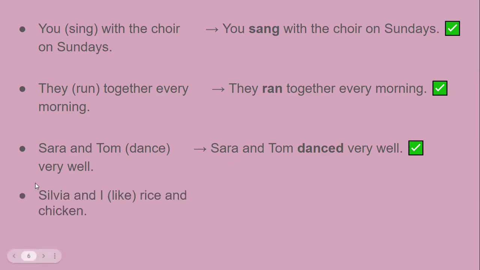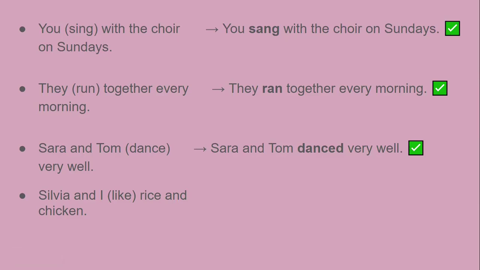Okay, let's move. Next sentence. Sylvia and I like rice and chicken. We have a verb here, which is like. Again, if you were to check it out on your two lists, you would realize that like is a regular verb.